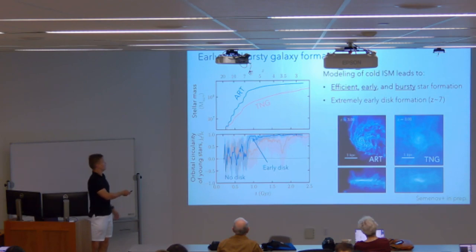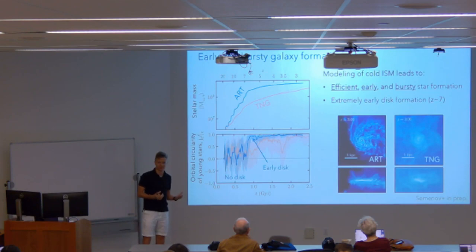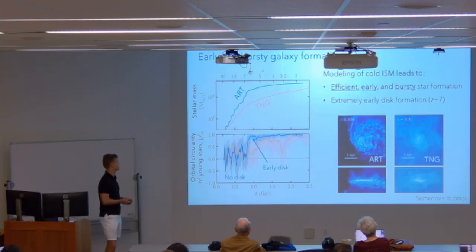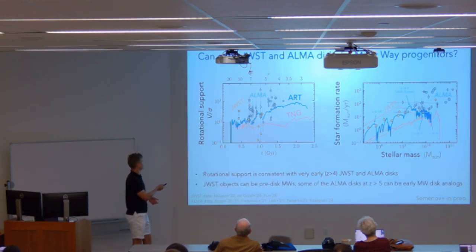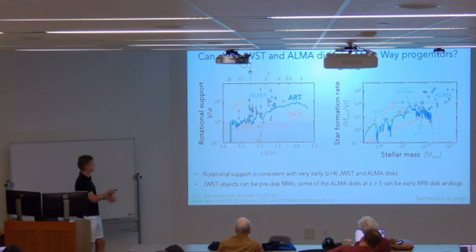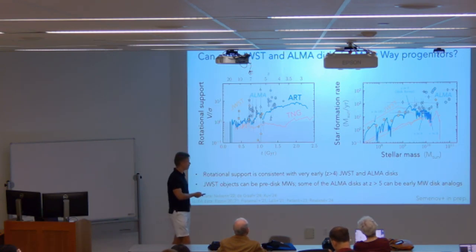But overall, all this early, very efficient, bursty star formation and early formation of disks is very reminiscent of new results seen by ALMA and JWST in the high-redshift universe. And in fact, if we compare this new simulation, shown here with the blue line, it resembles these early disk galaxies, both in terms of rotational support of the gaseous disk and, for some of the galaxies, location on the main sequence of the relation between the star formation rate and the stellar mass.